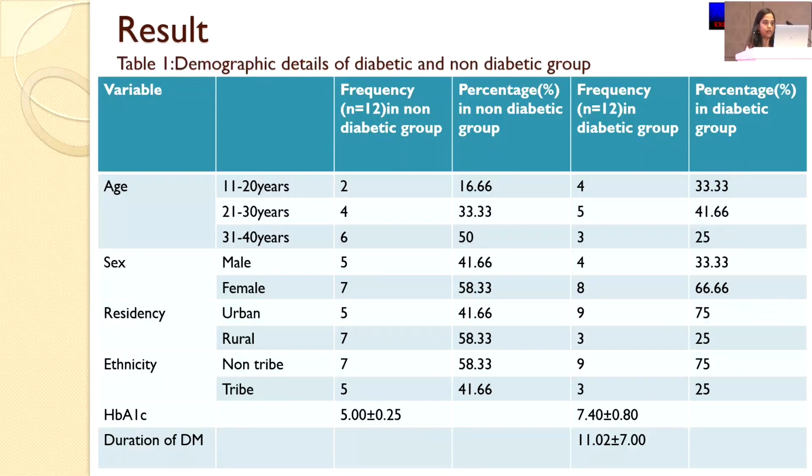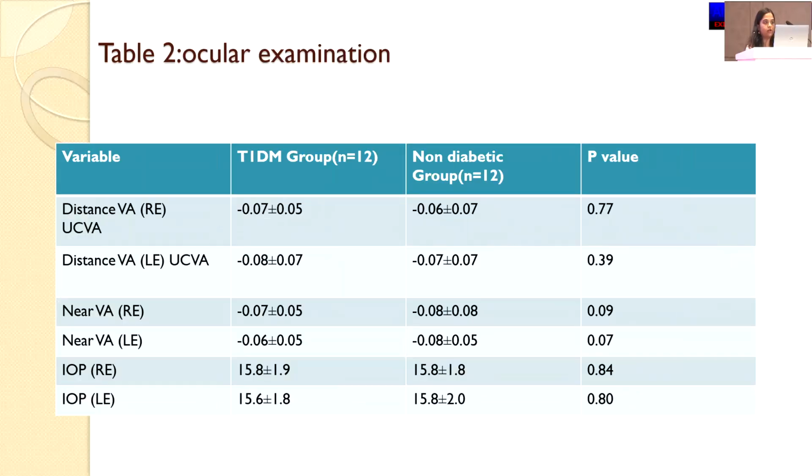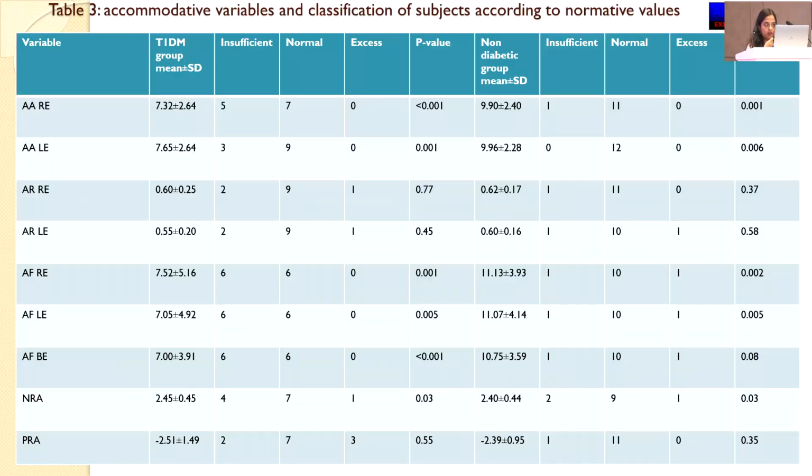Table 1 shows demographic details of diabetic and non-diabetic groups, where we can see all parameters were equally distributed. Table 2 shows ocular examination of the patients. Table 3 shows accommodative variables and classification of the subjects according to normality values.